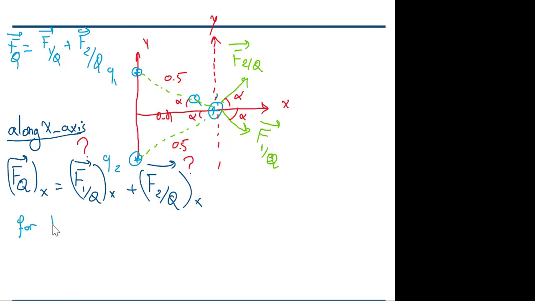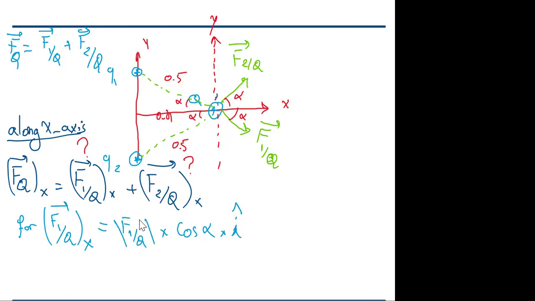For F1 on Q along X, according to the definition of the component of a vector, it's equal to the magnitude of the vector itself multiplied by cosine of alpha, where alpha is the angle between the x-axis and the force, multiplied by the unit vector i, because we are talking about the X component.